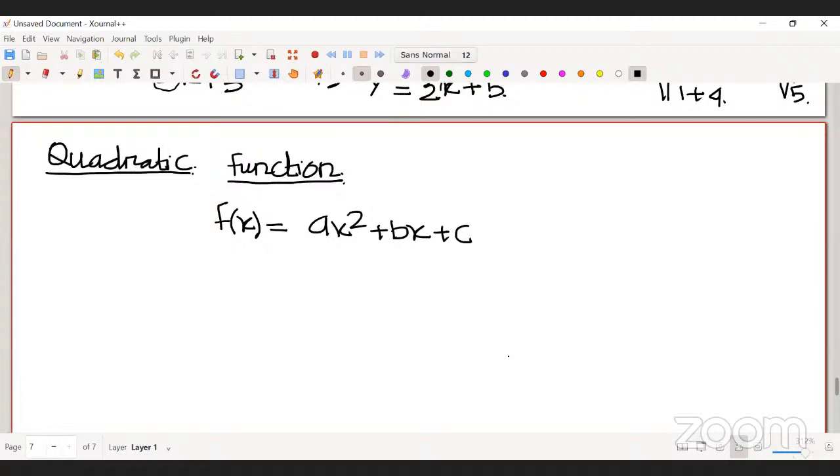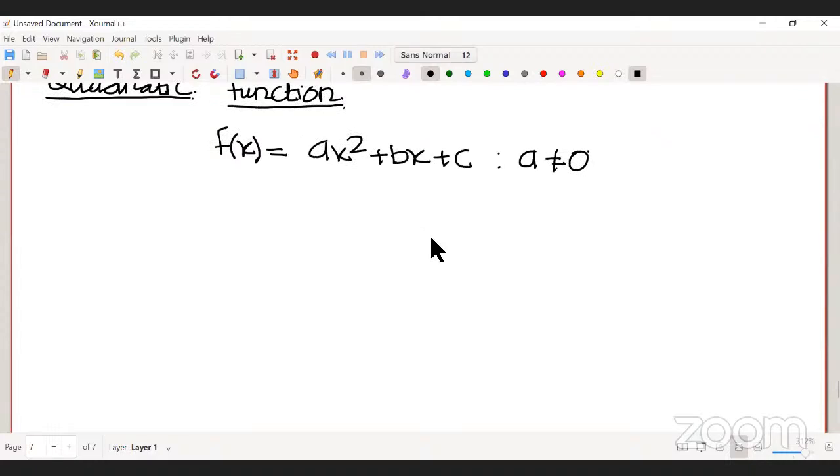A should not be equal to 0. If a is 0, then instead of quadratic, we will get a linear polynomial. This is a quadratic function, and if we draw the graph, we call that graph a parabola.